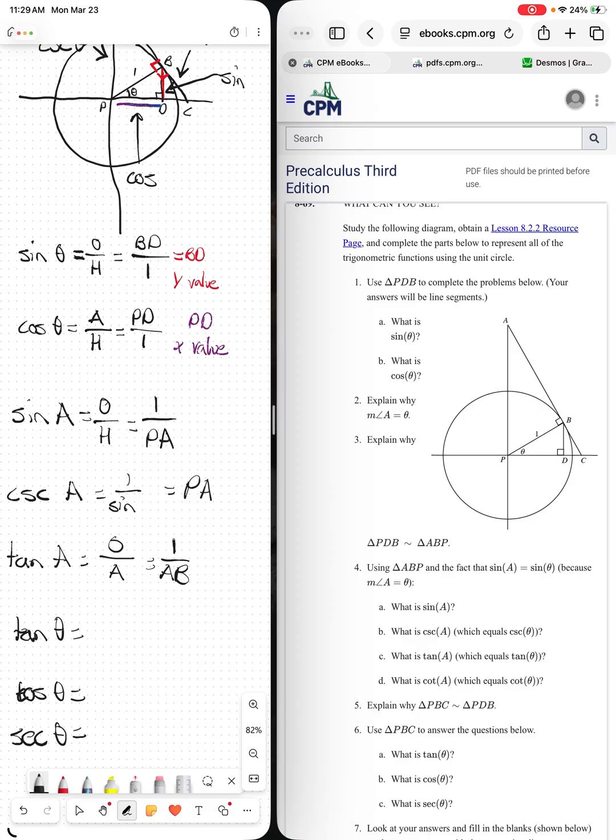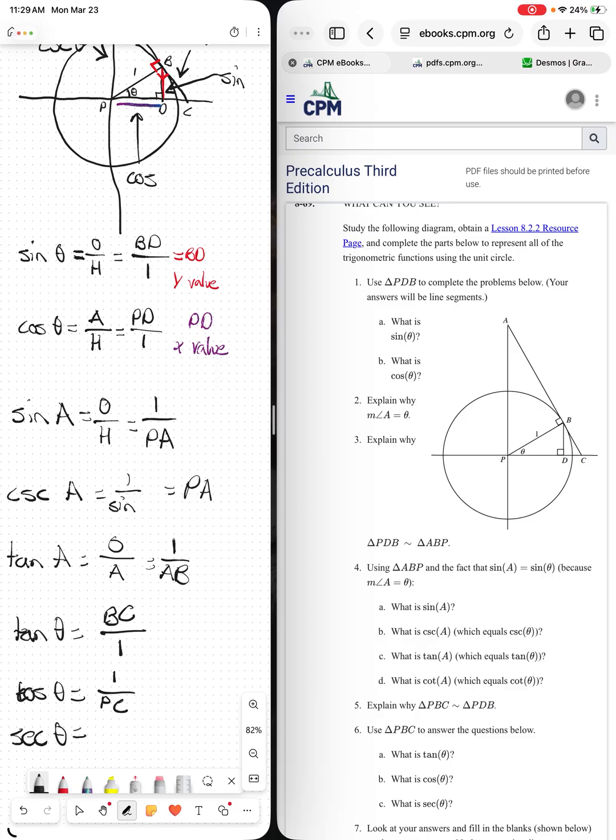So we're talking about opposite over adjacent. Opposite is BC over adjacent, which is 1. So we know the tangent is that BC line. Cosine is adjacent over hypotenuse, so cosine is 1 over PC.